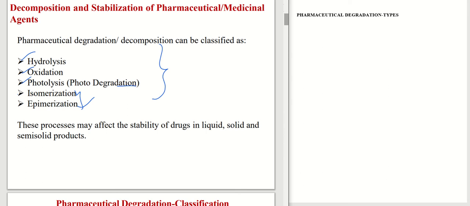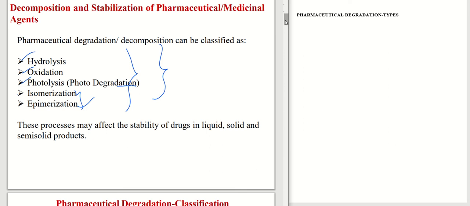Now let us see what are the various factors that affect the compounds to undergo these kinds of chemical reactions. Let's see in detail one by one. We need to remember that any chemical compound or drug which has a particular activity will lose its activity when its chemical structure is lost.